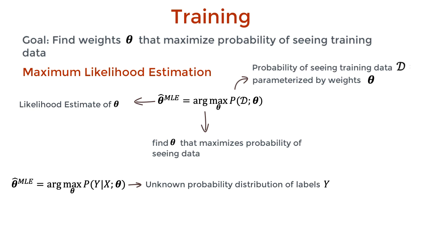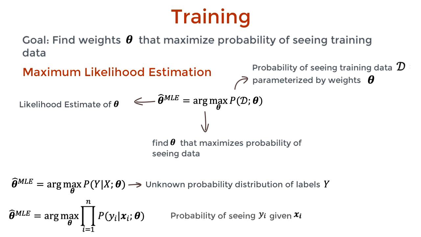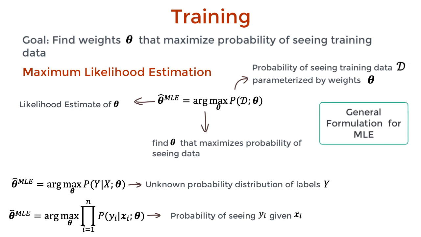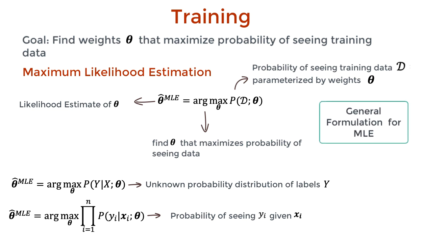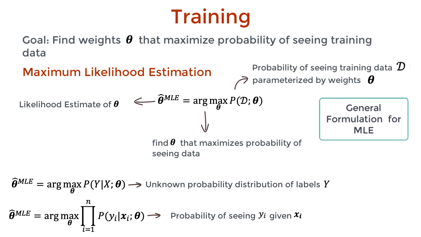This is the same as maximizing the product of the probabilities of seeing every training label yi given its corresponding xi. This big pi symbol is product. It's similar to the sigma for sum. I hope you're following along because so far, this is the general formulation for maximum likelihood estimation in the training phase of supervised learning.